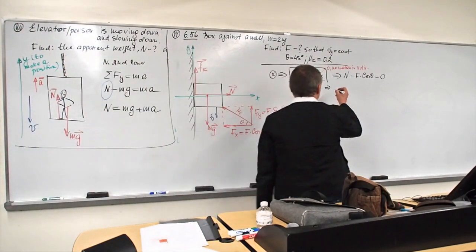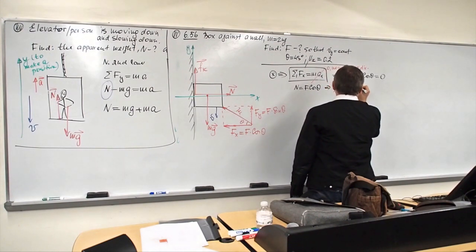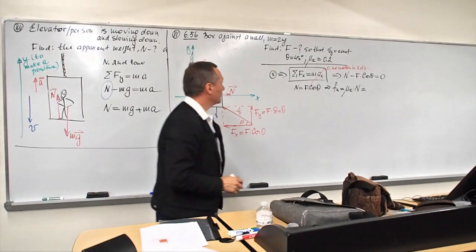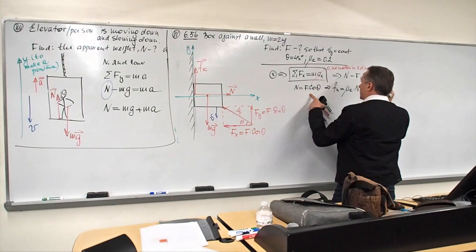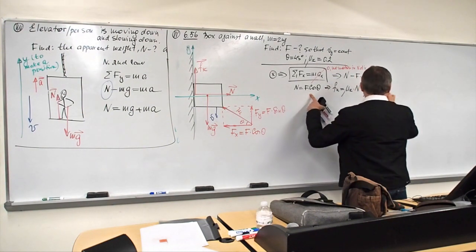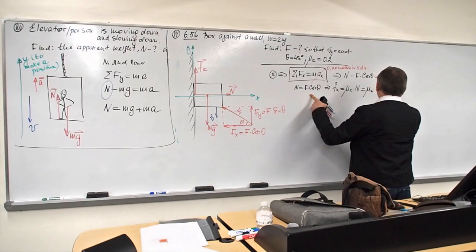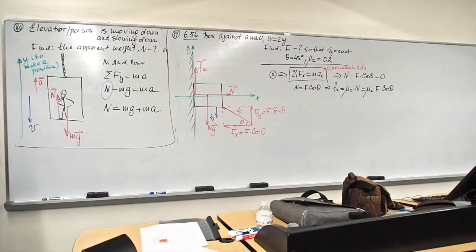And so now as a result, F kinetic equals mu k times N, mu sub k, wait, not N, times F times cosine of the angle.